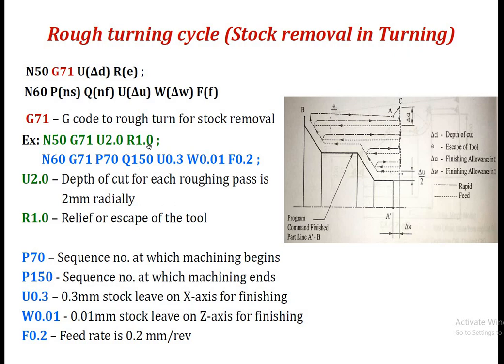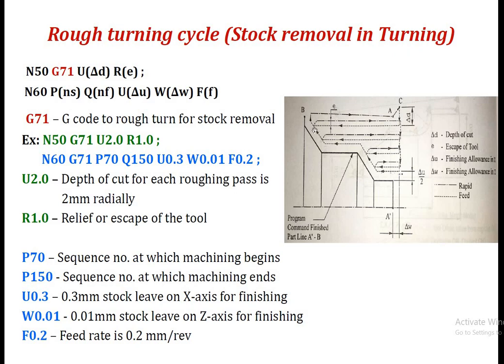Next, R 1.0. R indicates relief or escape of the tool. Relief means, here you can see the first pass, this is the direction, that is where the first cutting pass takes place. Once this first cutting pass completes, the tool escapes from the raw material.